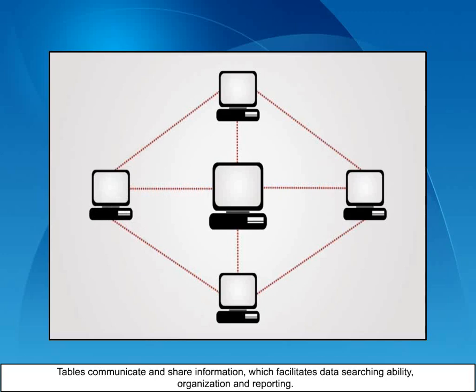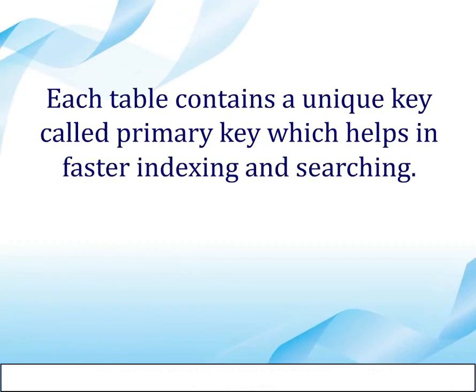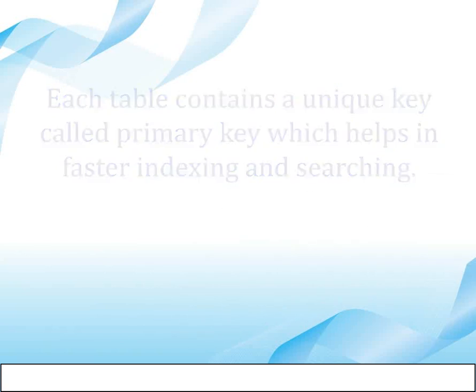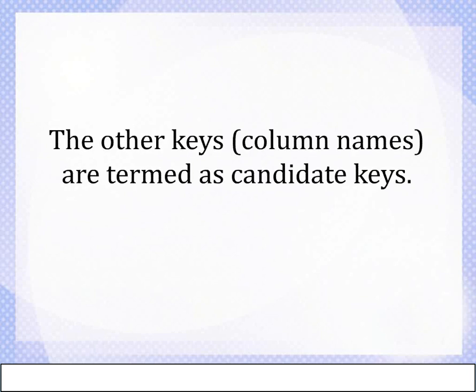Tables communicate and share information, which facilitates data searching ability, organization, and reporting. Each table contains a unique key called the primary key, which helps in faster indexing and searching. The other keys, column names, are termed candidate keys.